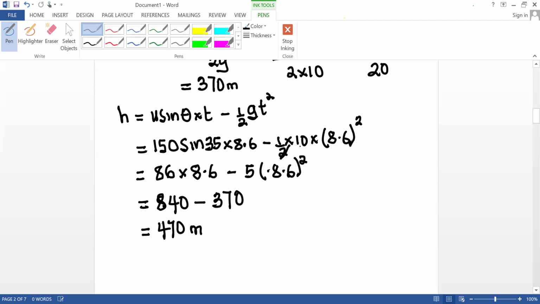I don't think there's anything wrong with it because when I tried 86 times 8.6 minus 5 into brackets 8.6 squared, it gave me 369.8. So approximately, it must be the same thing. And so I just want to check where perhaps we went wrong.